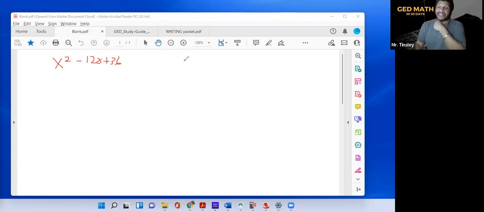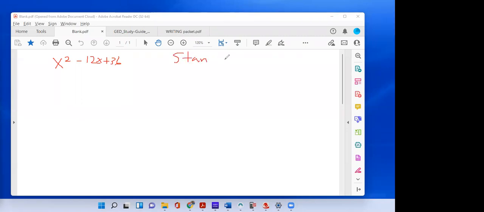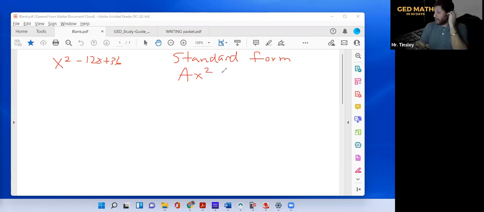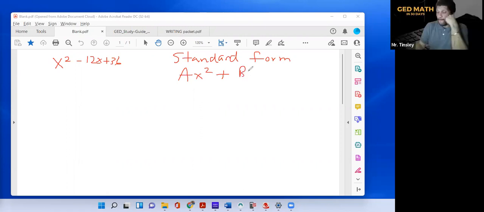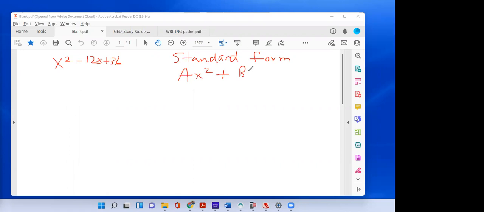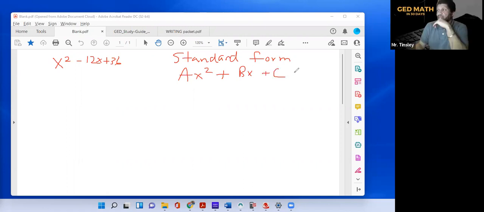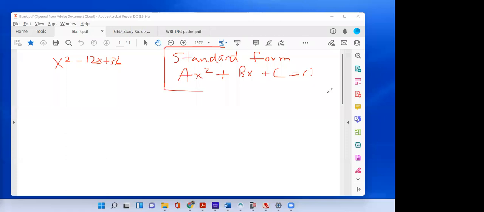The standard form is ax squared plus bx plus c is equal to 0. This is the standard form of a quadratic equation.